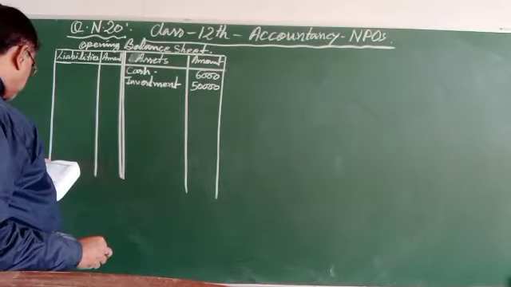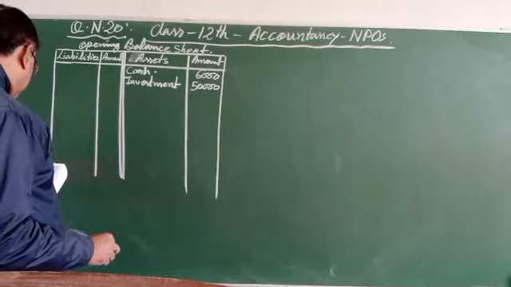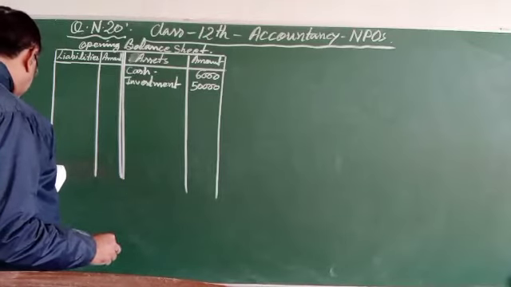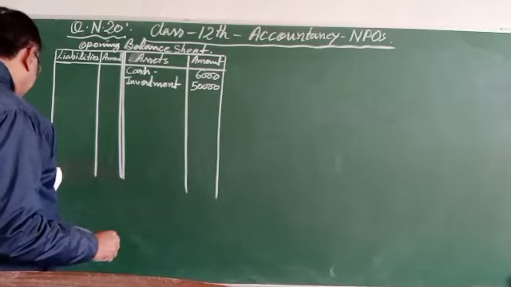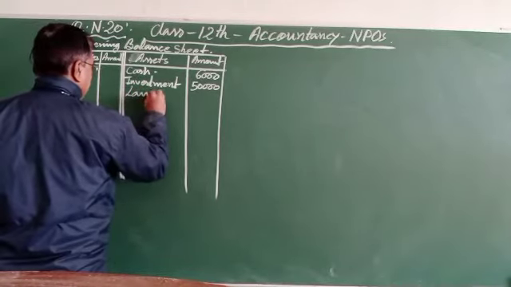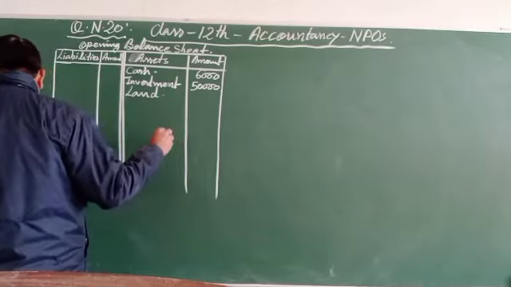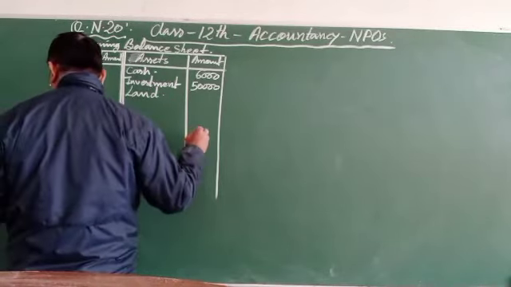The club had land, the value of land given in the additional information below the receipt and payment account.